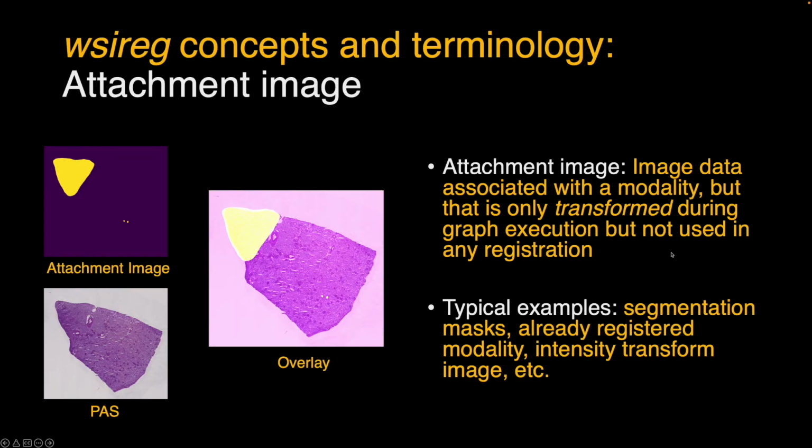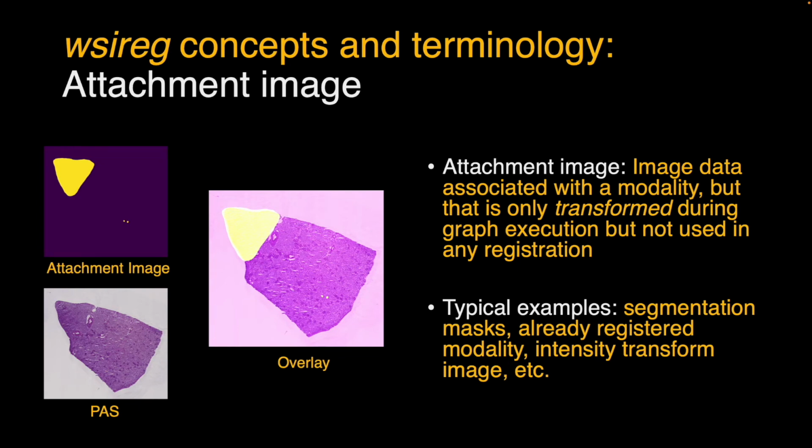Another concept in WSIREG is the concept of an attachment image. This is image data that's associated with a particular modality, but it is only transformed during the execution of the graph, and it's not used in any registration. A typical example of this would be a segmentation mask. It's a raster image that's already associated with your whole slide image.